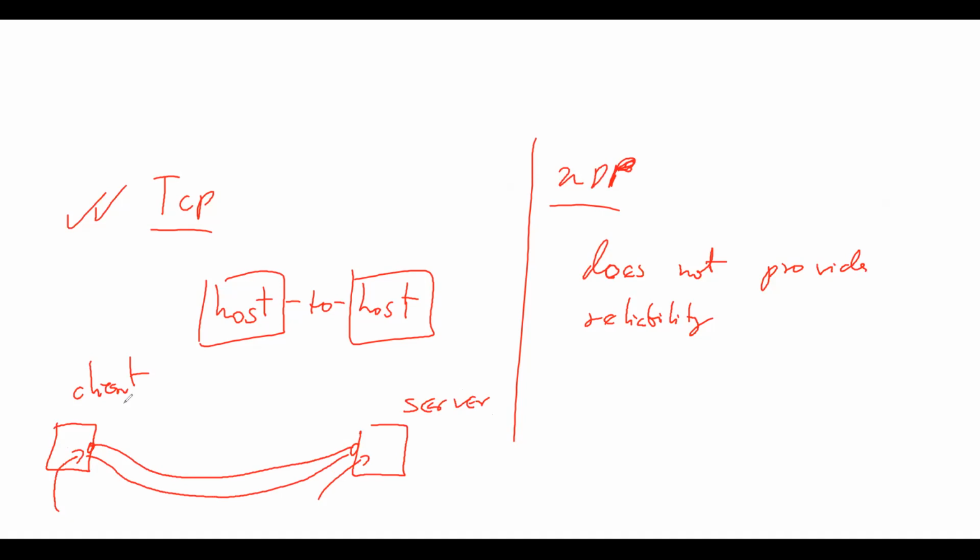The classic example that you already did in the previous lab when you tried to steal the password was Telnet. You started up a telnet service and a telnet client, and then from the client you try to communicate.